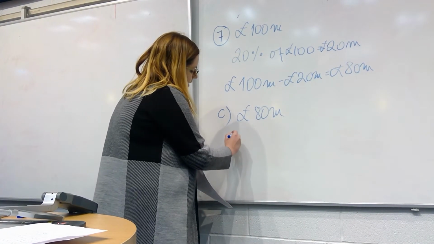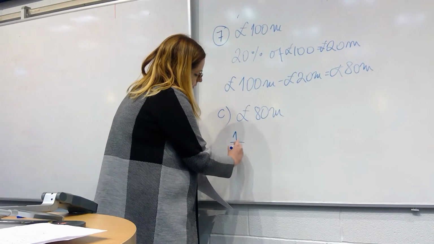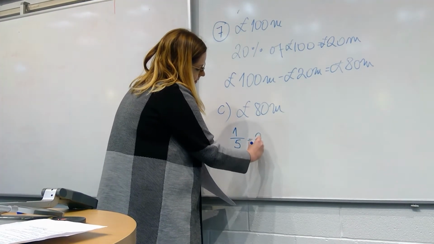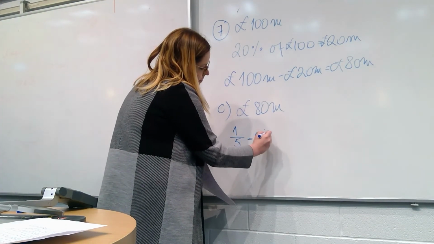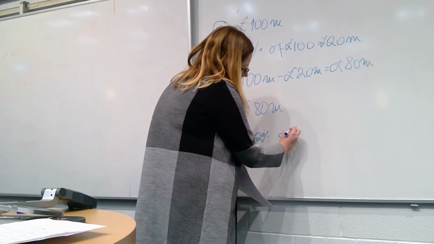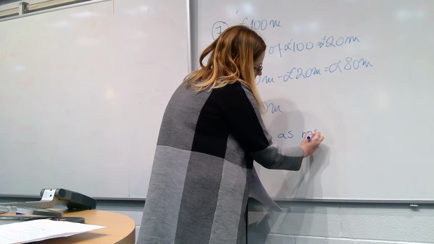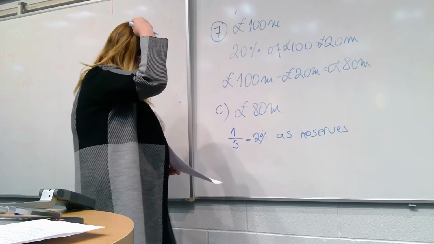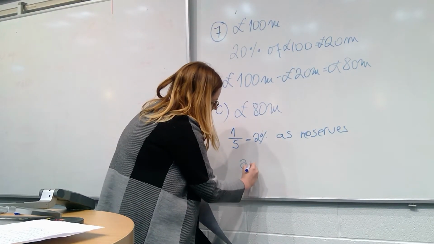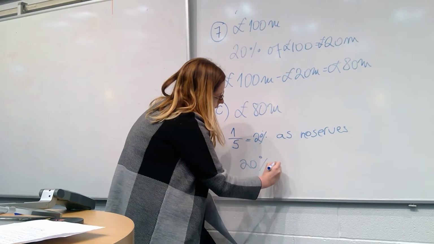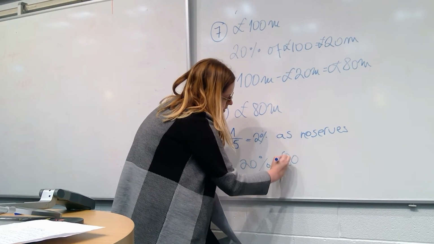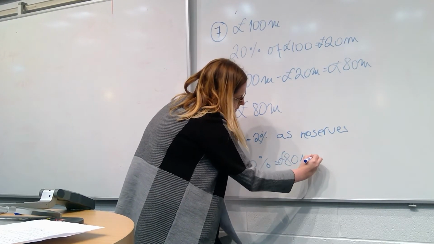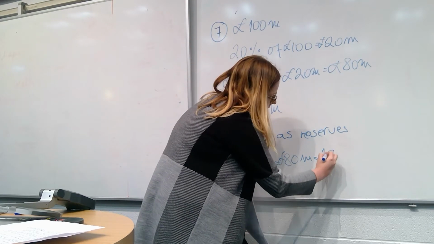Banks are keeping one fifth, so 20%, as reserves, and they're lending the remainder of the money. So 20% out of 80 million is equal to 16 million.